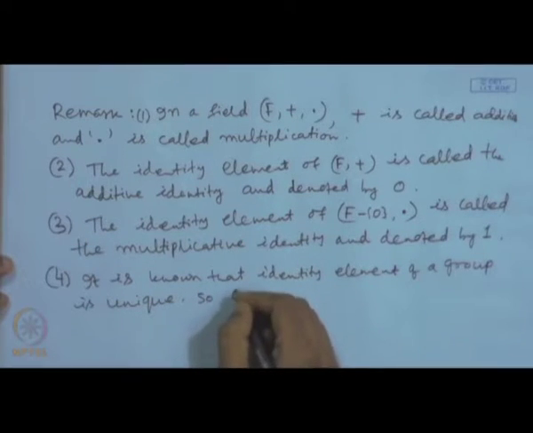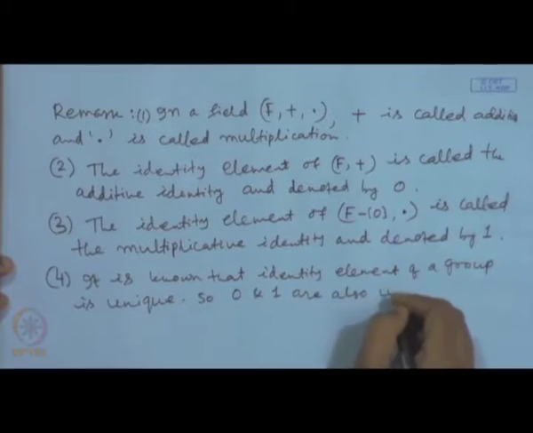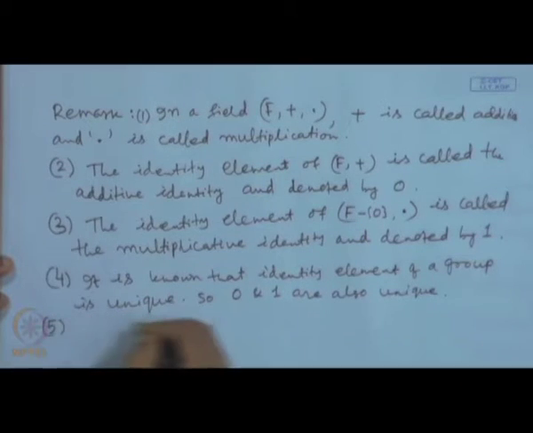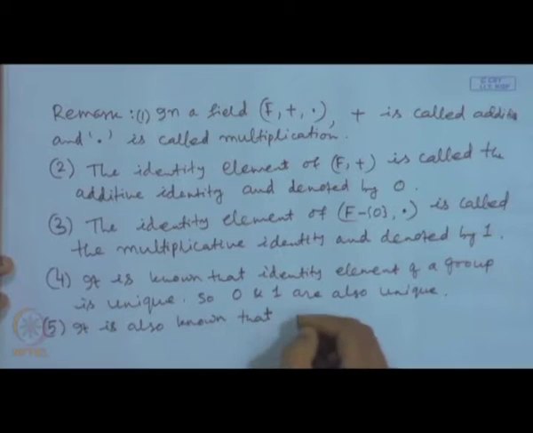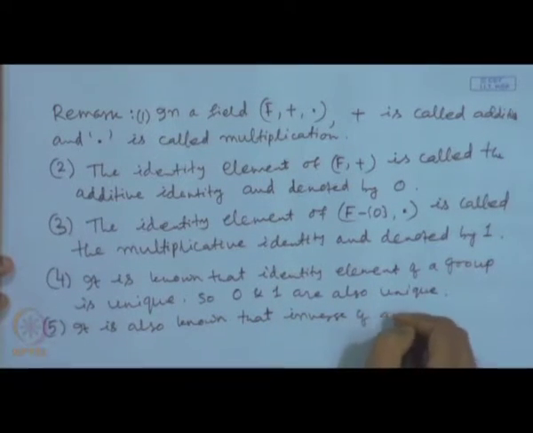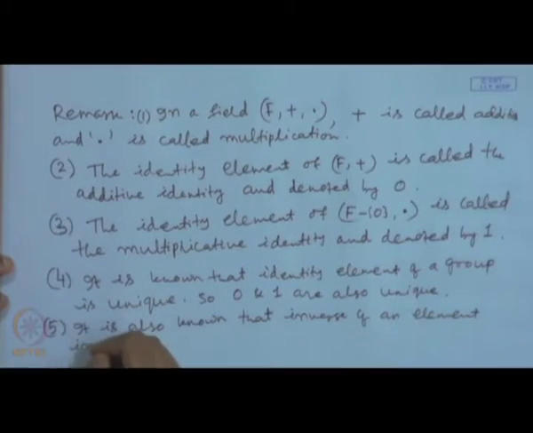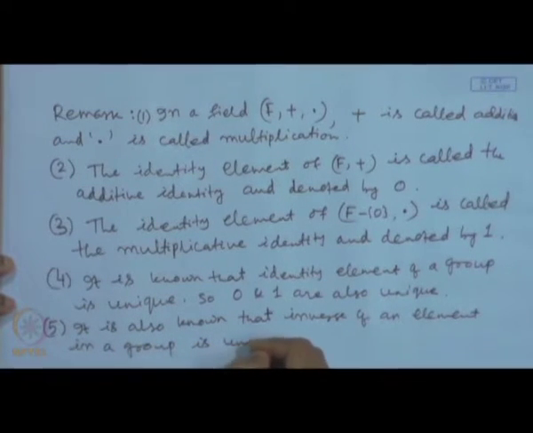So, 0 and 1 are also unique. The fifth observation is like this: it is also known that the inverse of an element in a group is unique.